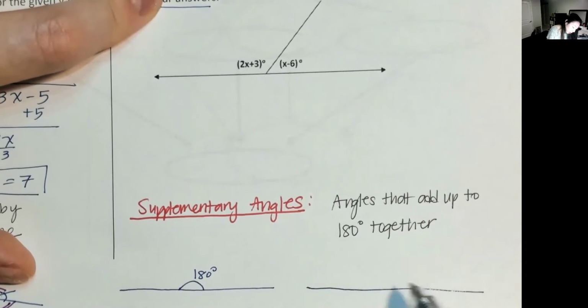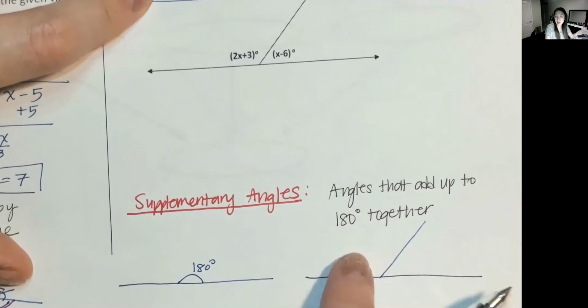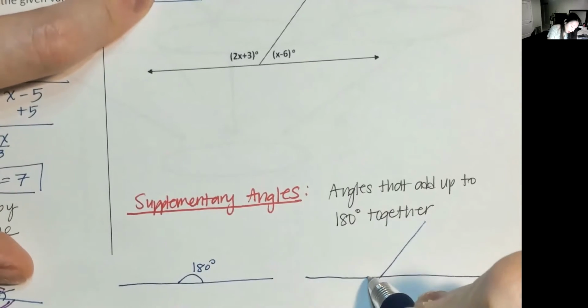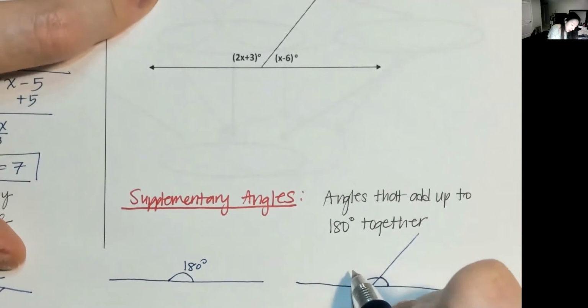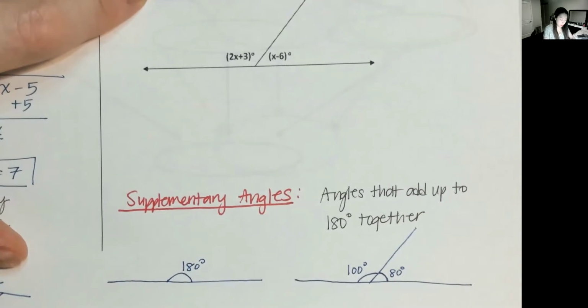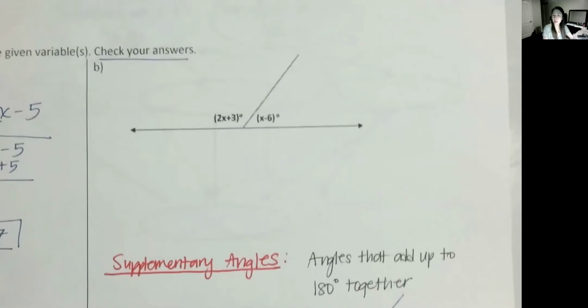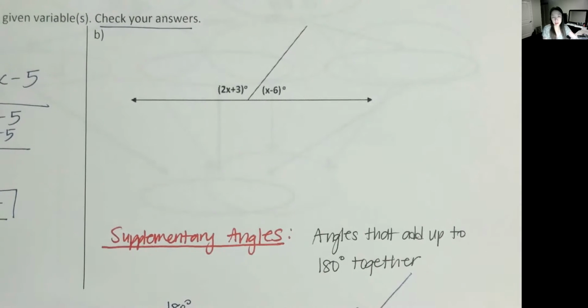So then if you have a straight line, and another line that cuts it in two parts, then these two angles will add up to 180. So for example, this could be 100 degrees and this could be 80 degrees, supplementary angles. Yes, those of you who are wondering about the triangle, all angles of a triangle, they add up to 180.